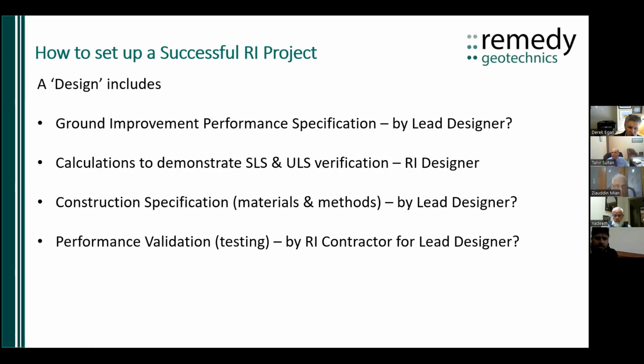And then later on, once the columns are in, and we've had some questions about this already, the system needs to be validated. It might be that the rigid inclusion contractor will do that, or the lead designer might do that, or the rigid inclusion designer. But it's really important that the system is validated.